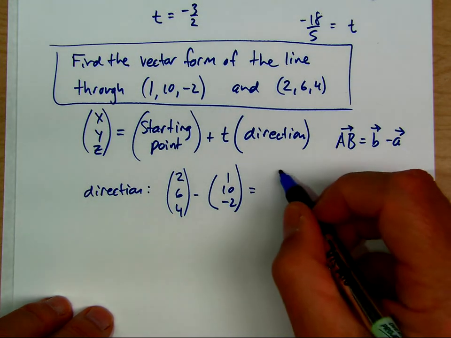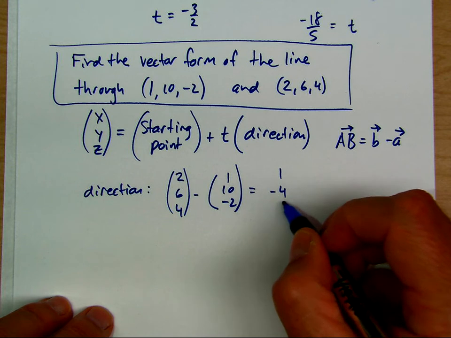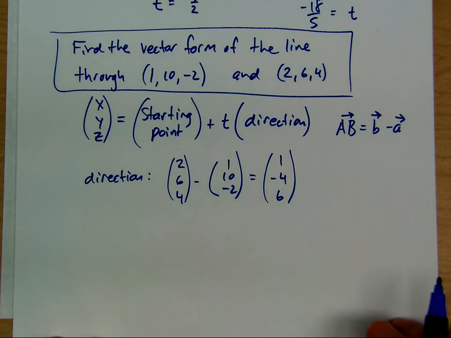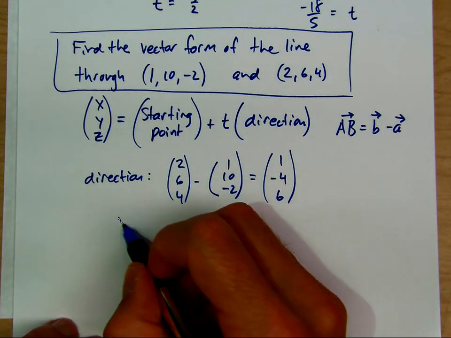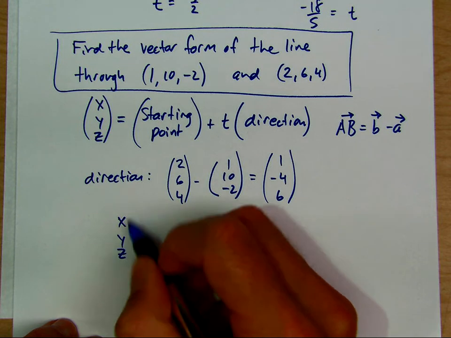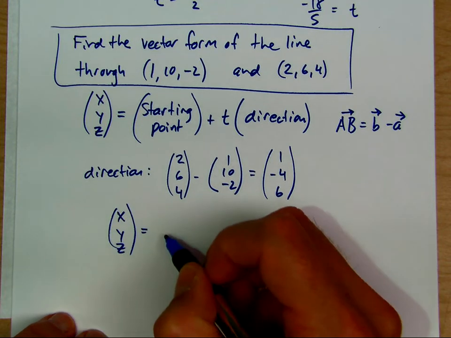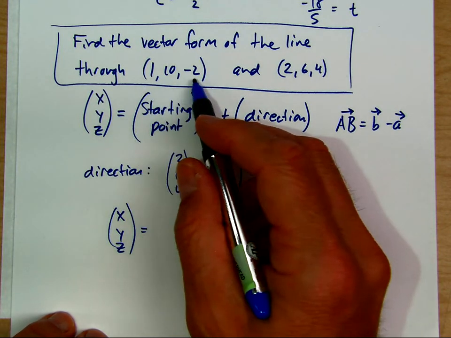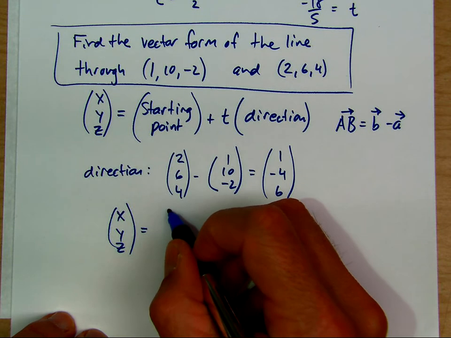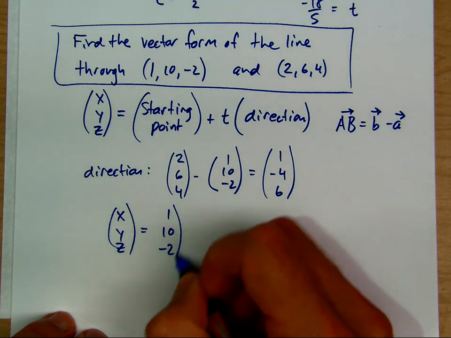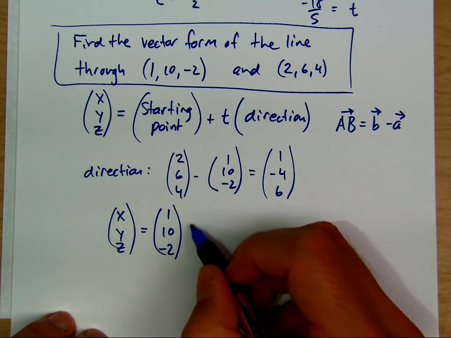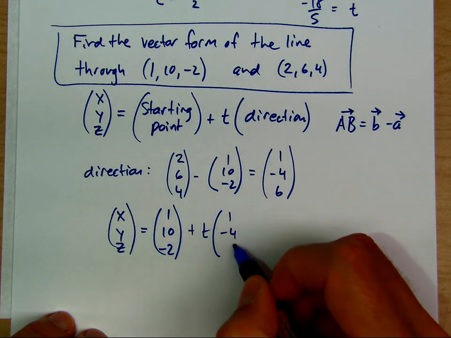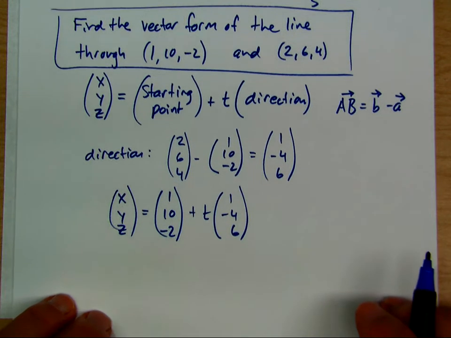So we have 1, negative 4, 6. There's the direction, and then we'll say that the vector equation is the position vector of a point on the line. So here's the position vector of that point plus a multiple of the direction.